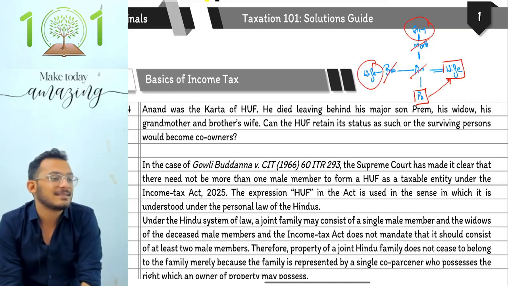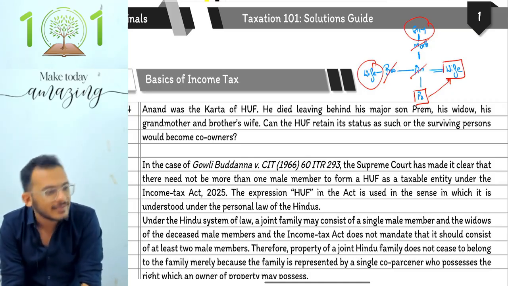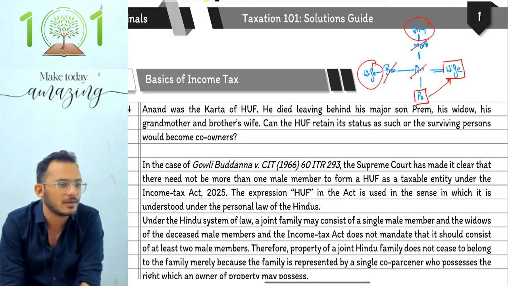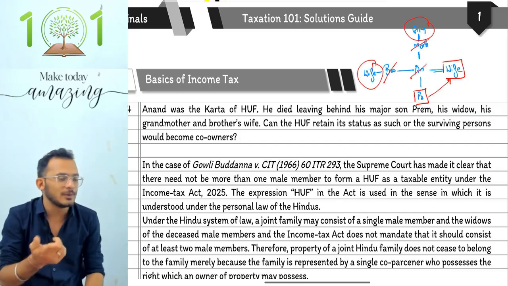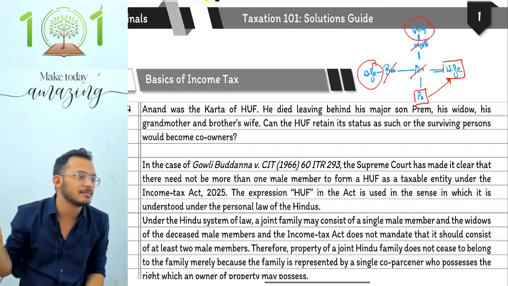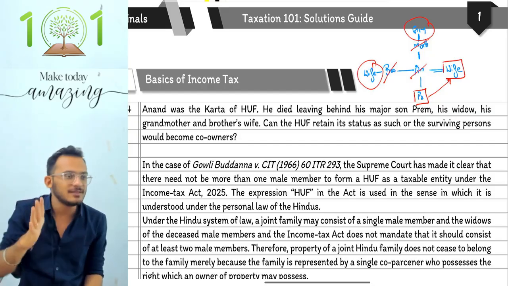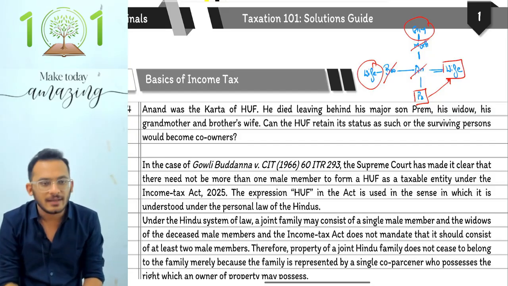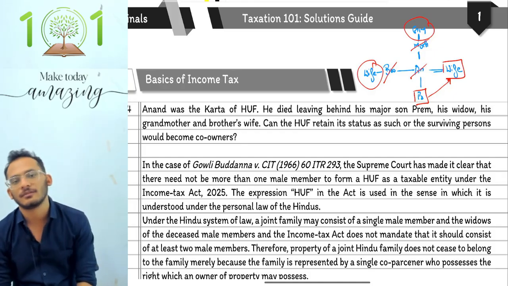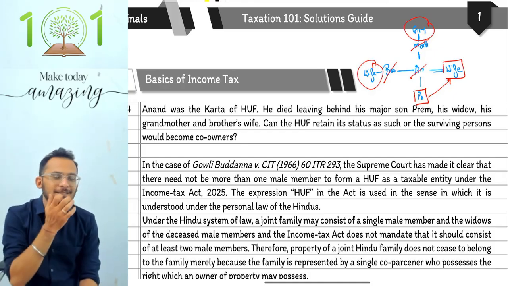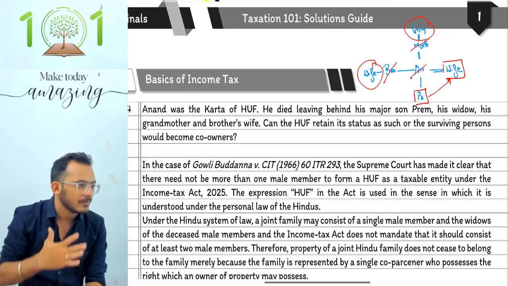Very good, taxable under PGBP or CG, depending on the block. If the block ceases to exist, we go to capital gains. Sale value more than the cost, move to capital gains. If the block does not cease to exist, continue PGBP depreciation. Yes or no? Yes.